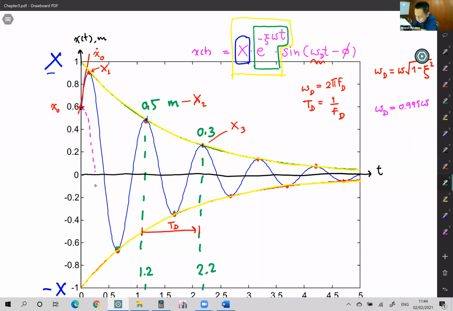And imagine if my damping equal to 0, what happened? If my damping ratio or damping C equal to 0, your green term, exponential term, becomes 1, becomes a unit.